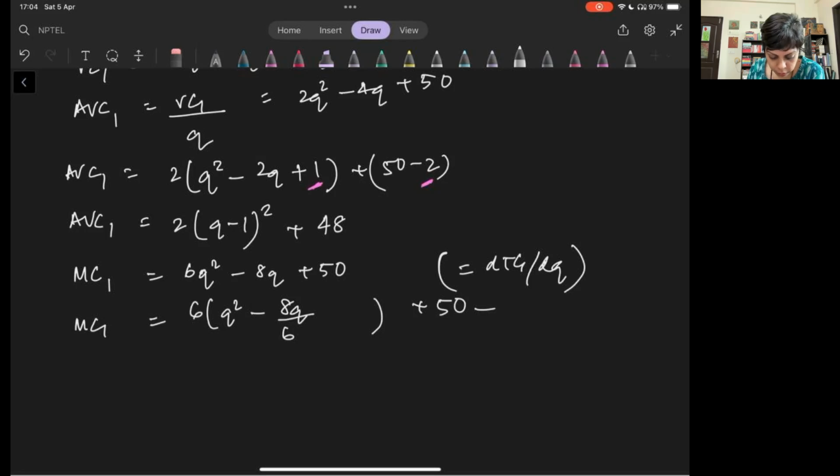By 6, if I take 6 common, this will be whole square of 2 by 3. Okay? And this is a mistake. Yeah, I made a mistake here. So this is going to be 8q divided by 6, which is 4q by 3. Yeah, it's 4q by 3, so 2 by 3.